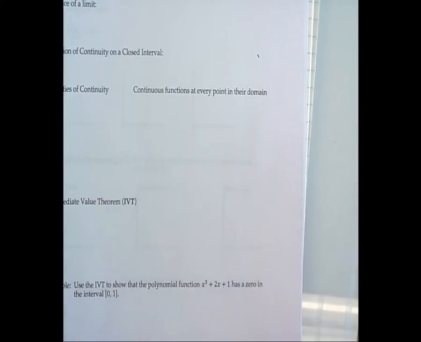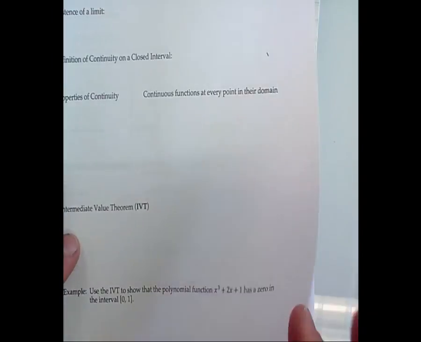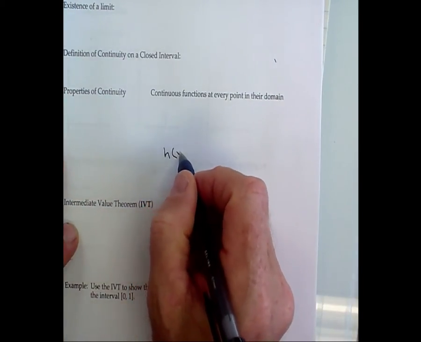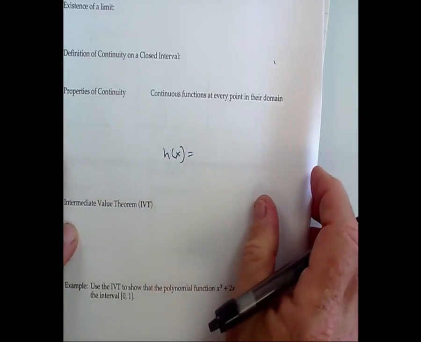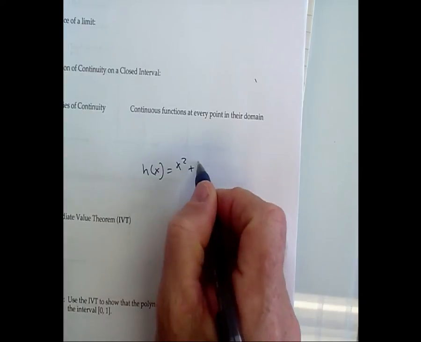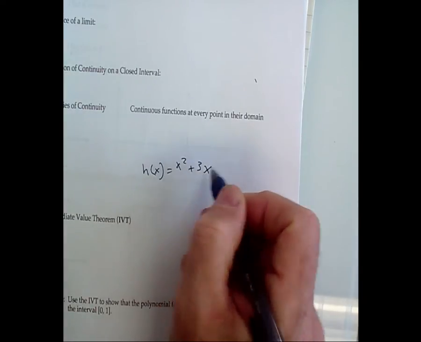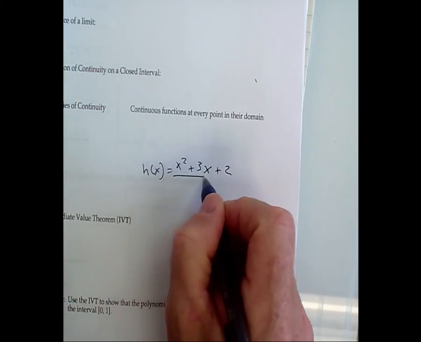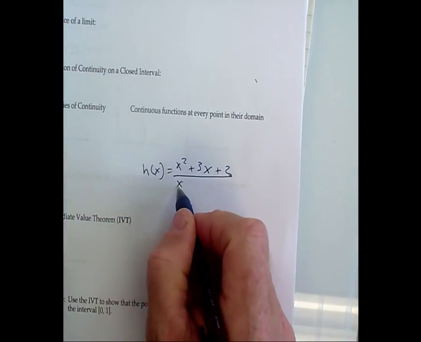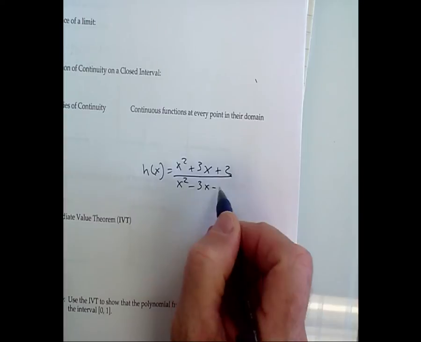First of all, I'm going to back up a little bit. Let's say on a quiz, I say we had the function h, and h is x squared plus 3x plus 2 over x squared minus 3x minus 4.